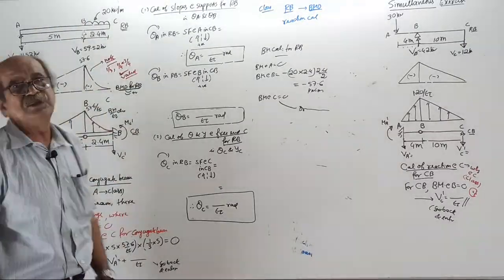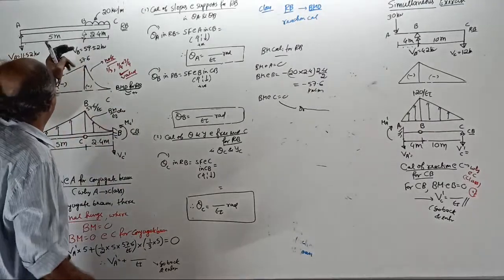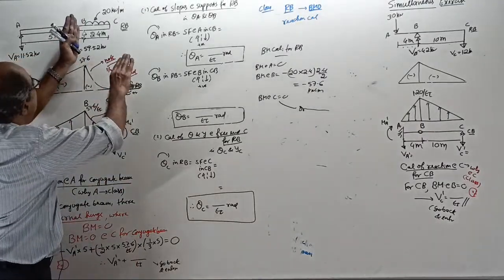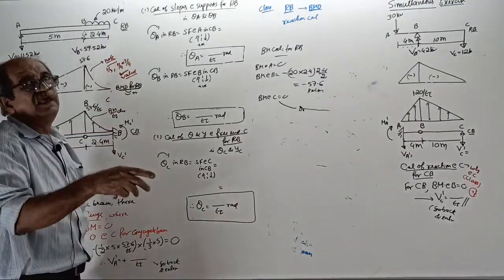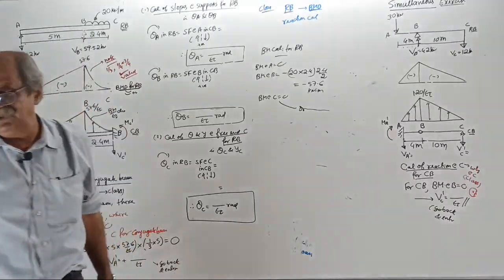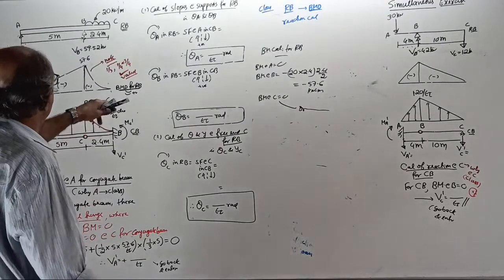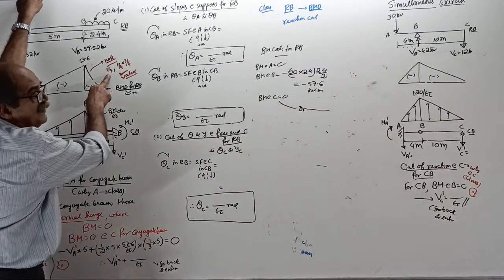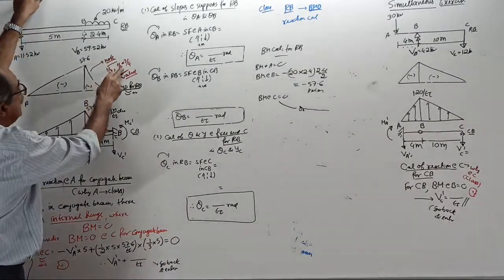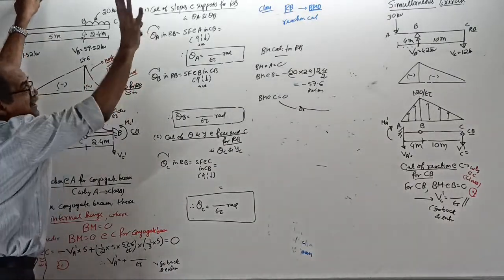Cantilever means this is fixed. Even then, suppose I look this side, is this BMD exactly matching the cantilever BMD? Yes or no? Yes. Right. Therefore, area equals 1/3 base into height, CG at 1/4, is valid.